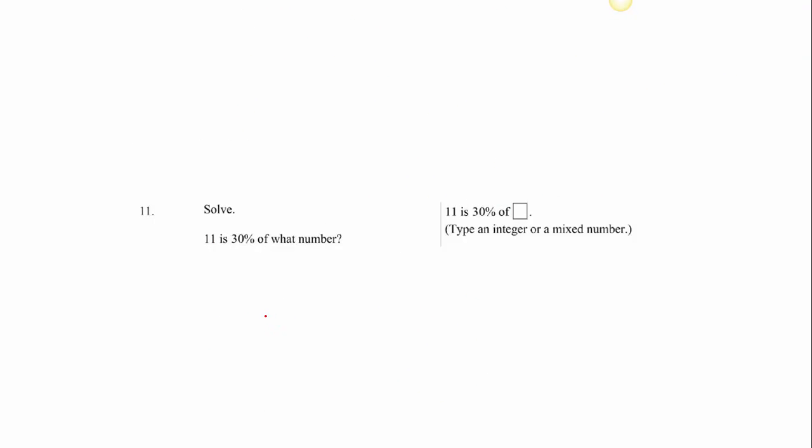Solve. 11 is 30% of what number? So we have to change this word problem to an algebraic equation. 11 will stay 11.